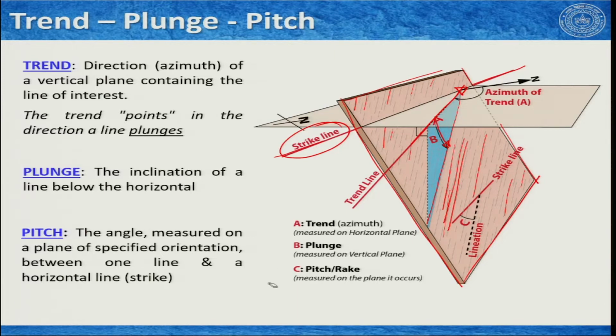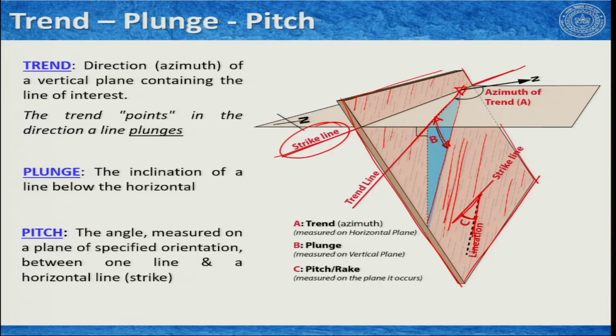Then there is one more important terminology, that is pitch. The pitch is essentially the angle that you measure between the strike line and the linear feature on the planar feature. So, here we are measuring it on the sloping surface.